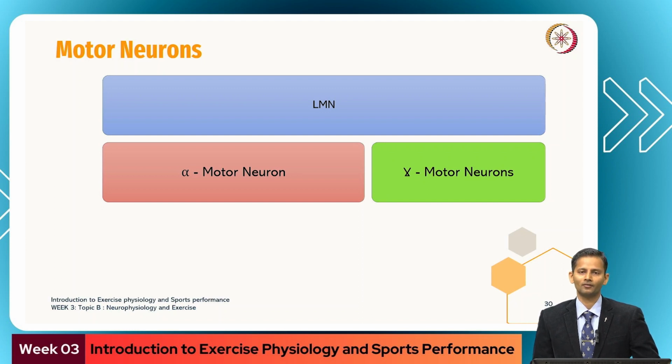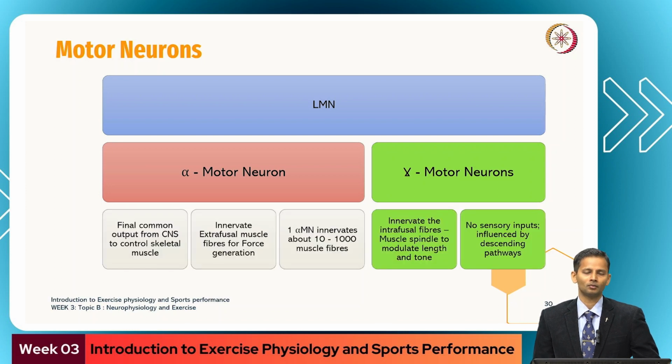It is further divided as alpha motor neuron and gamma motor neuron. The alpha motor neuron innervates the extrafusal fibers, causing force production and actual movement, whereas the gamma motor neuron supplies the muscle spindle and acts as a sensory response which modulates the length of the muscle fiber.